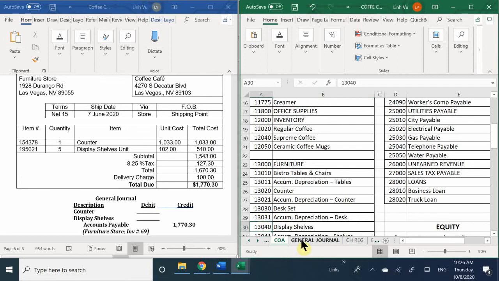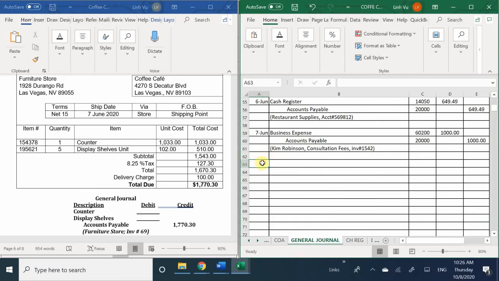And the display is 13040. Okay, good. So I'm going to recognize that I am now on June 7th. I have the counter, right? Because I increased my assets and it's 1320, right? I've also acquired display shelves.